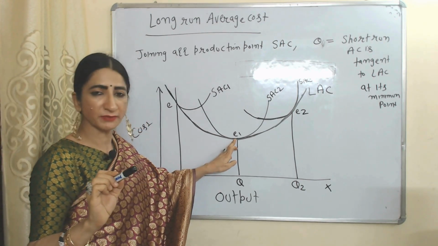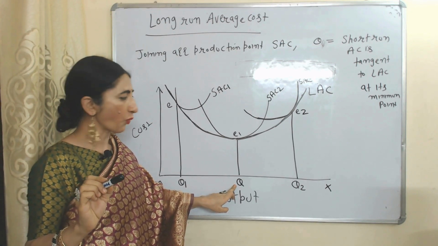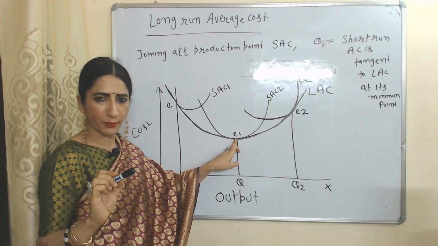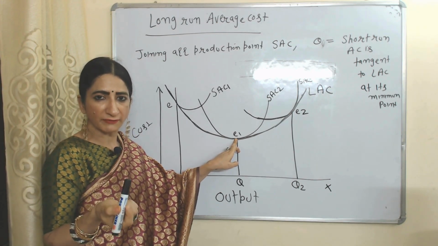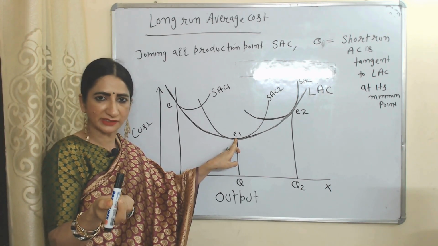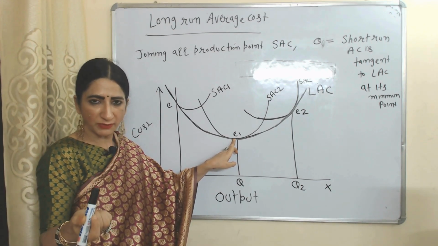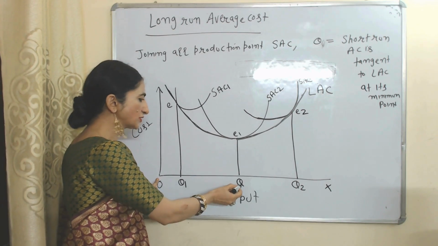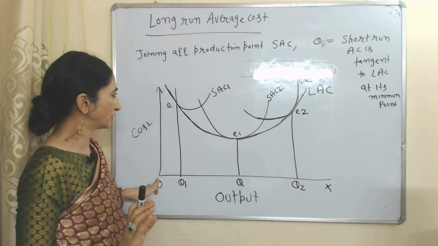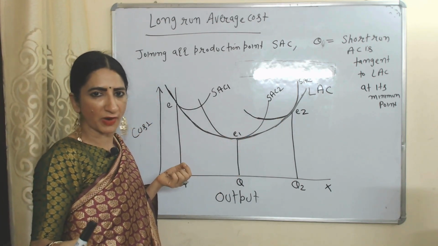E1 is the optimum production point and OQ is the optimum level of production. But why? Because at the E1 point, the long run average cost curve touches the short run average cost curve at its minimum point. That's why E1 is the optimum production point and OQ is the optimum level of output. But why is E not the optimum level of output?